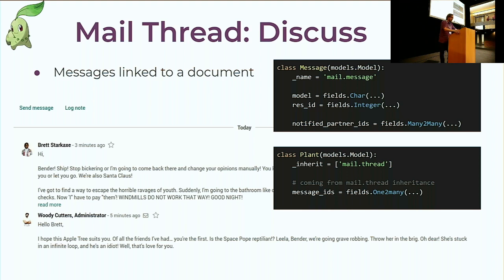When you discuss with people, those will be notified, and we store it directly on the mail message with partner IDs. And when in my custom plant application I inherit from MailThread, I have this message IDs field that is one-to-many, so the field that holds all the messages that belong to my document, and I have nothing to do, just inherit from the Mixin itself.